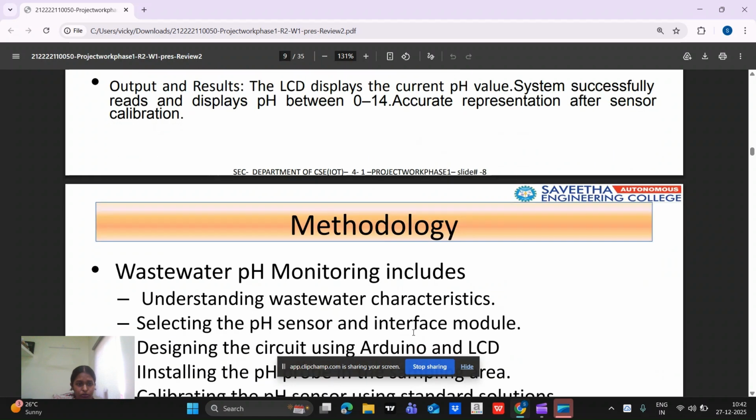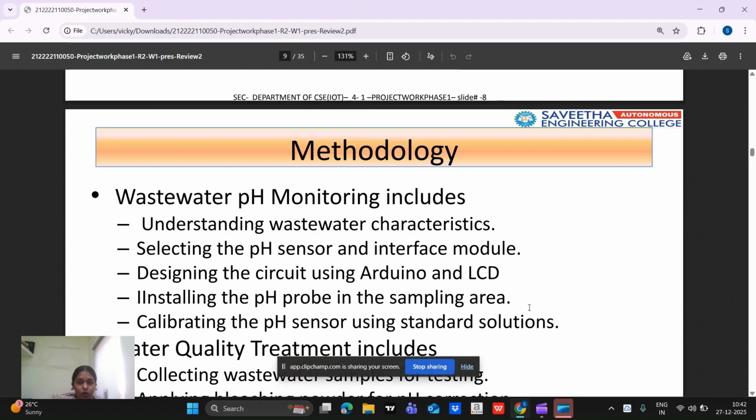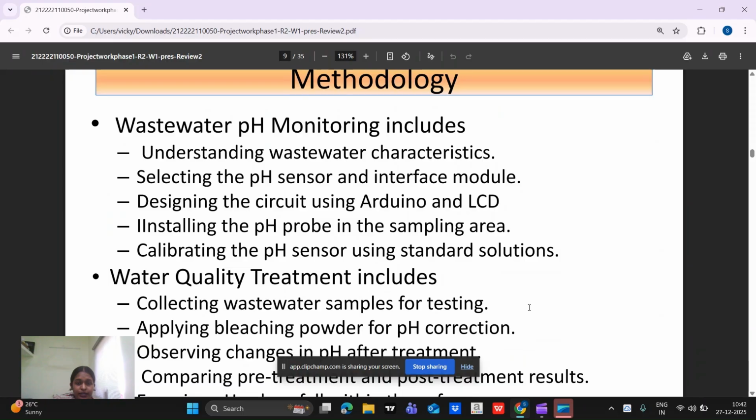Our methodology for wastewater pH monitoring includes understanding wastewater characteristics, selecting the pH sensor and interface module, designing the circuit using Arduino and LCD, installing the pH probe in the sample area, and calibrating the pH sensor using standard solutions.